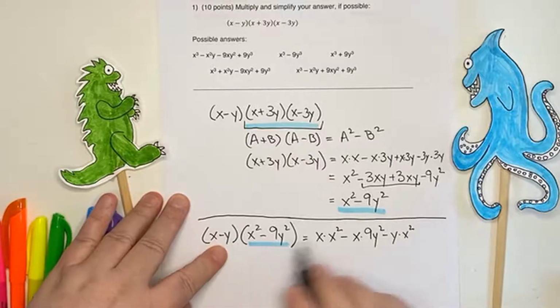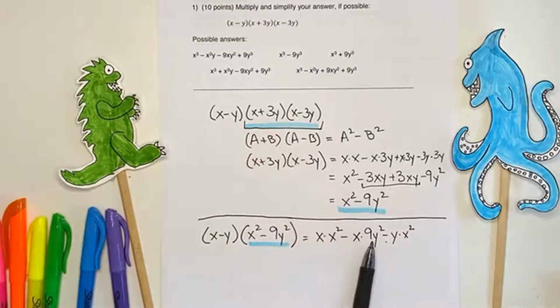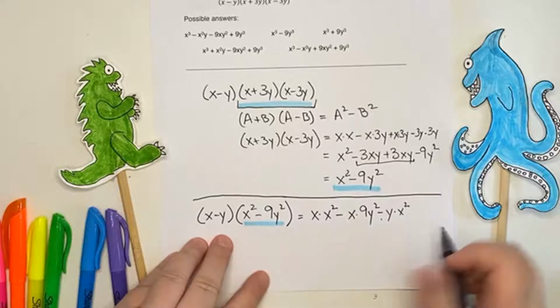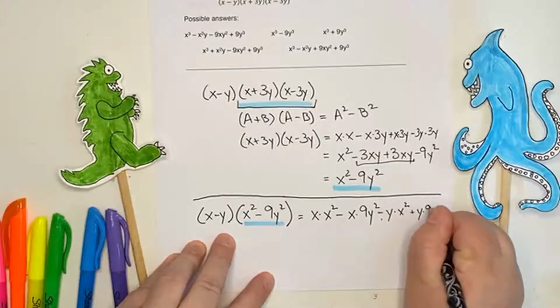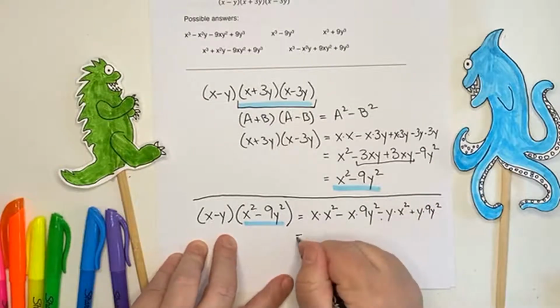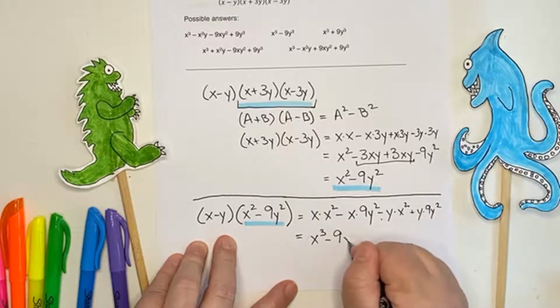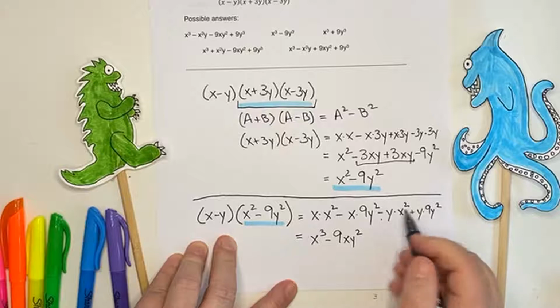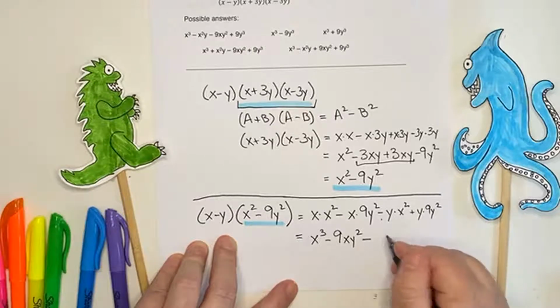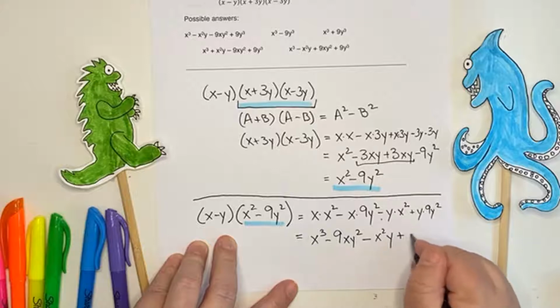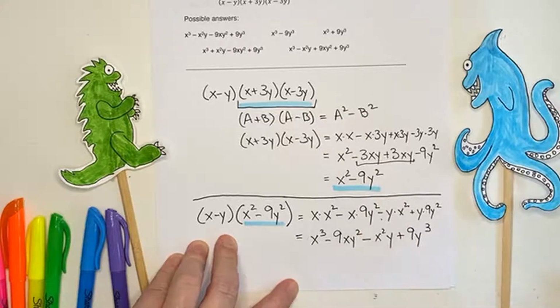And last, minus a minus, which makes a plus, y times 9y squared. And altogether I get x cubed minus 9xy squared minus x squared y plus 9y cubed.